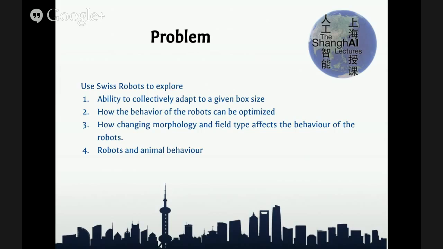So we also tried to change the environment and looked at what would happen. And the next, we think that it is very interesting. We try to explore how the robot's behavior can be compared with animal behavior or insect behavior.